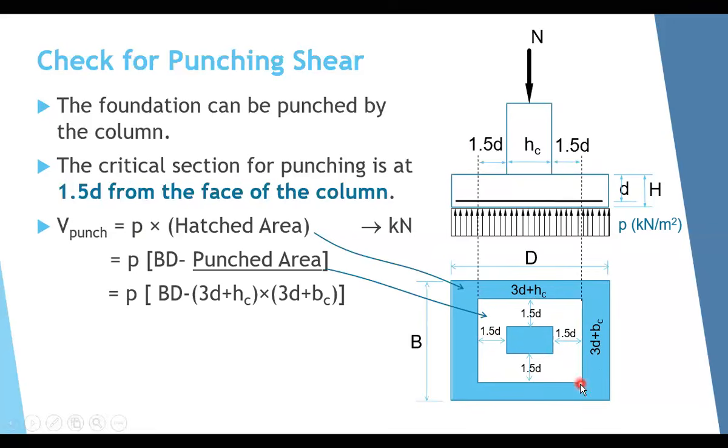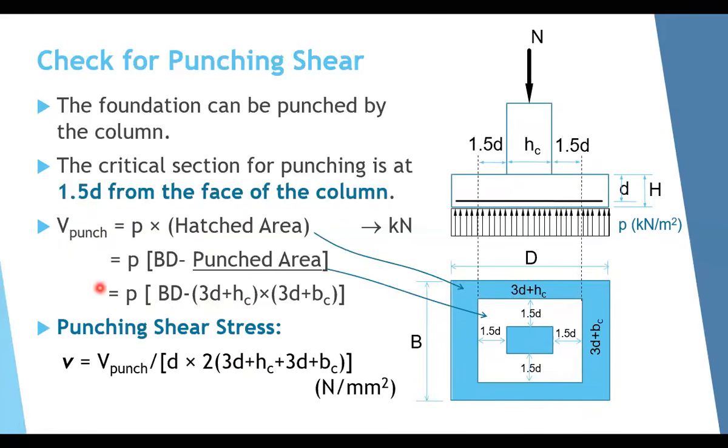So if you know this dimension and this dimension, multiplying this distance by this distance, you can get the punched area. So the hatched area equals B capital times D capital minus the punched area, which is (3D plus HC) times (3D plus BC). Once you did that, you will be able to get the V punch, the punching shear force.